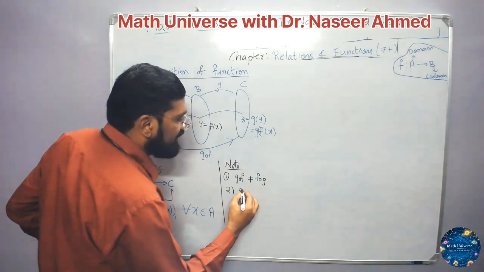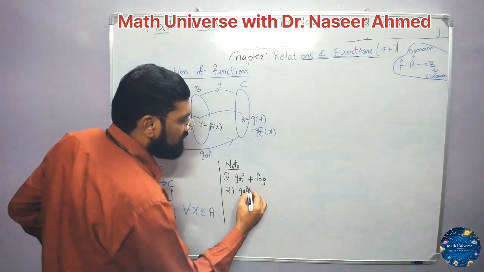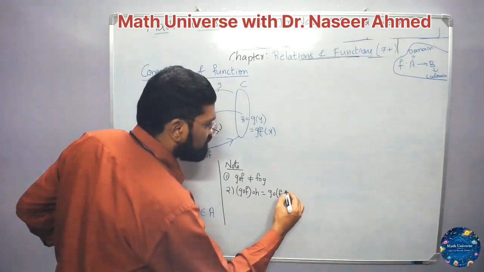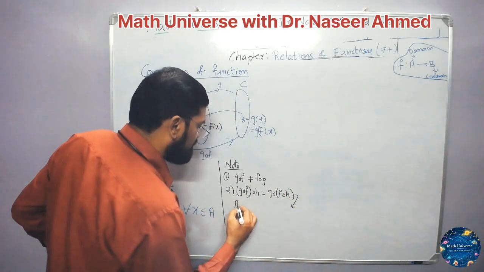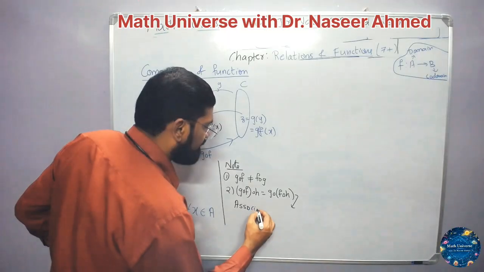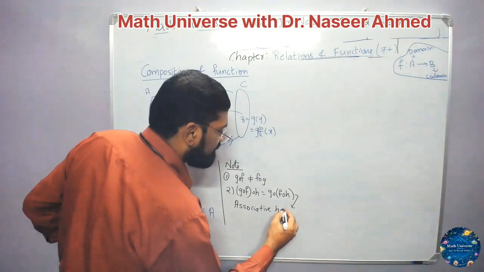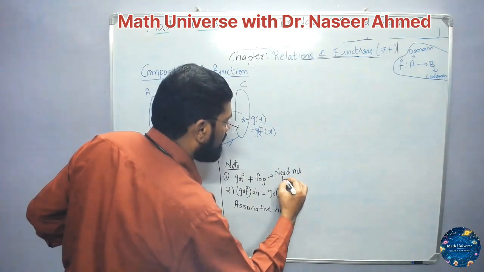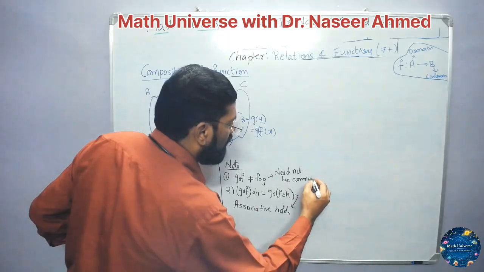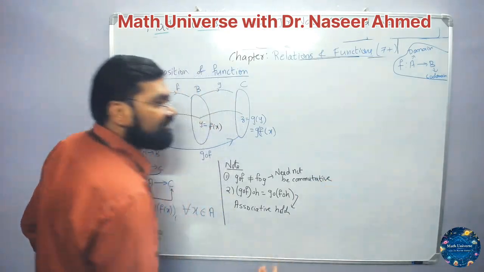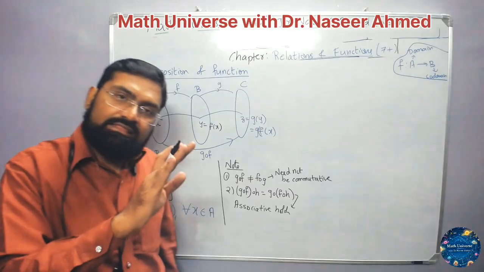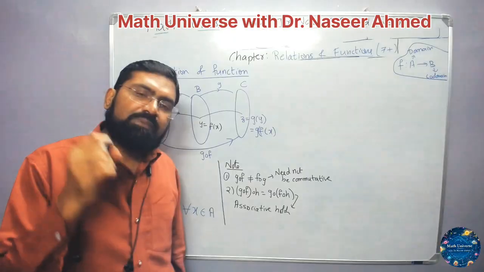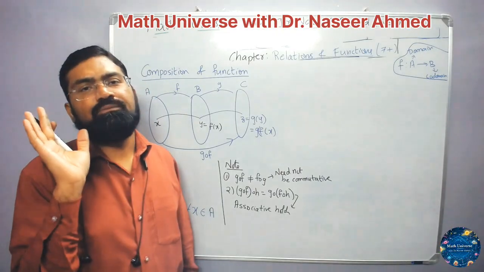And one more: G composition F composition H is the same as G composition F composition H. Nothing but associative holds, whereas it need not be commutative. See, when I'm saying need not be commutative, it means for some problems they agree, for some problems they disagree, so that we cannot take as a property. The one which is always true irrespective of whichever problem we take, that we take as a property.